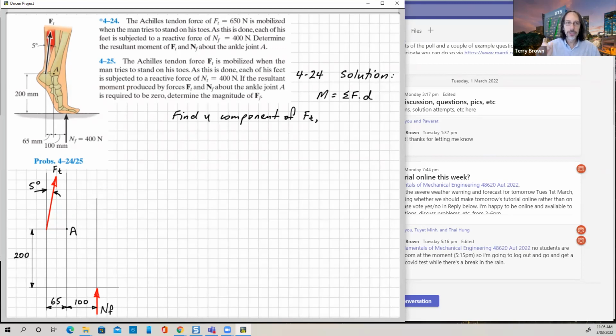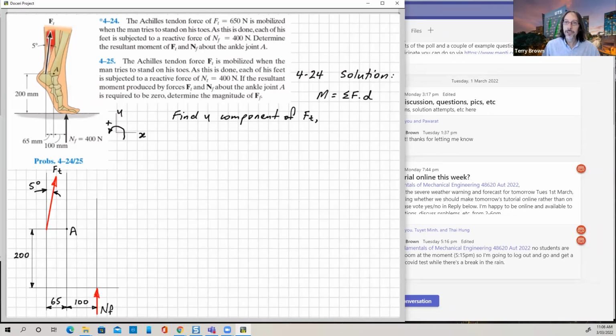As soon as I'm thinking find x and y components, on my solution, I need to identify or indicate what x and y are. They could be horizontal and vertical, but they don't have to be. As we saw in the problem last week, where we had the block with the spring sitting on a slope, it made sense for our x-axis not to be horizontal, but aligned with the slope, and the y-axis perpendicular to that.